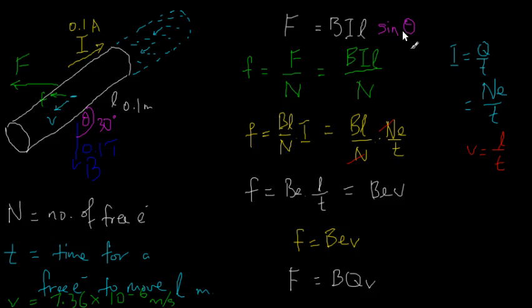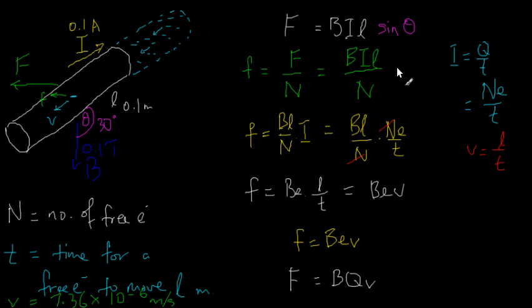Now, if I have an angle different from 90 degrees here, then in the steps where I derived this force for one charge, or for one electron, or for a charged particle, I must include sine theta in all the steps.